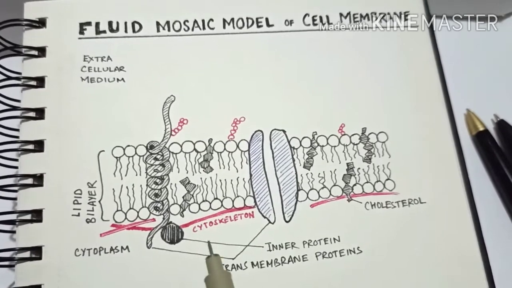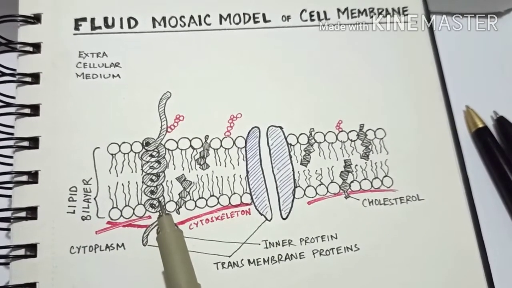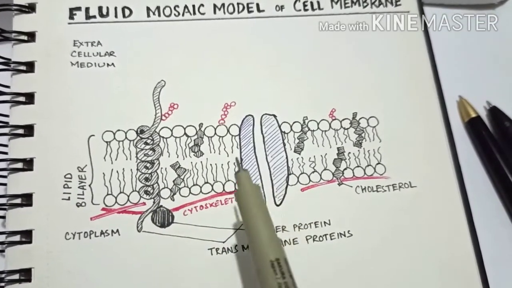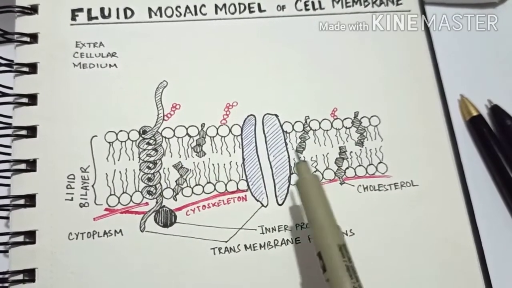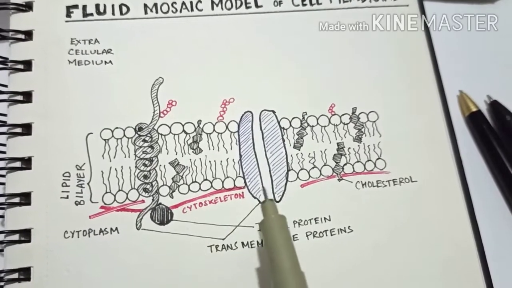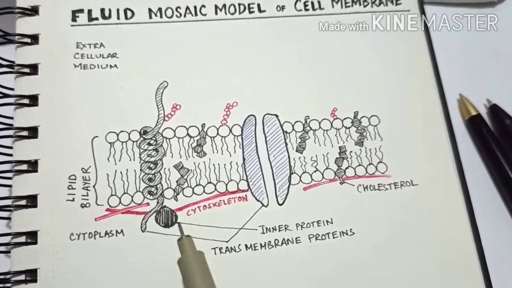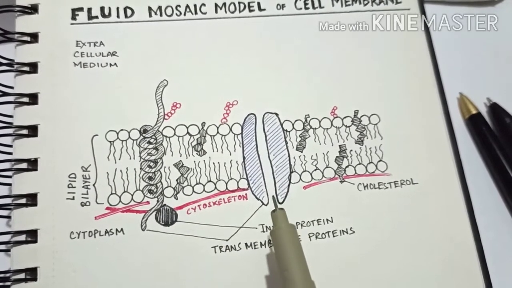The next component of the cell is the protein, which can be said to be the major component of every membrane. Some can be found freely floating, whereas some can be found bound across, like this. What we will see here is that the transmembrane proteins of these two kinds allow movement of particles across.